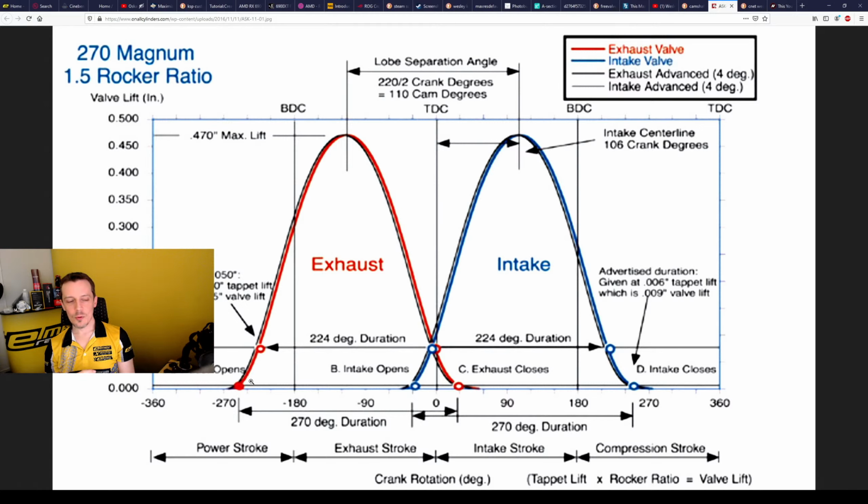When you're running simulations with traditional type cam lobes, you will definitely benefit from running harder accelerations on the opening and closing ramps. So that is definitely beneficial.